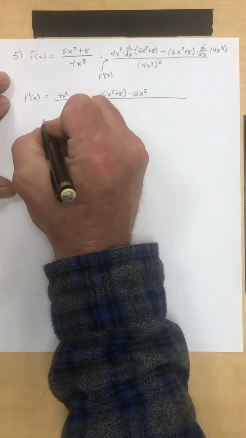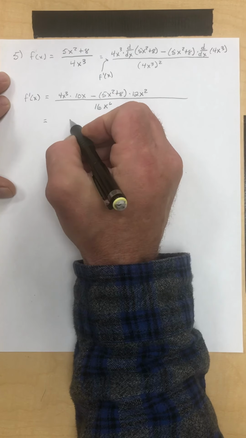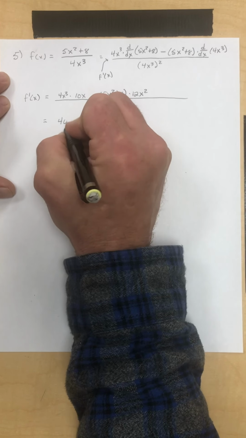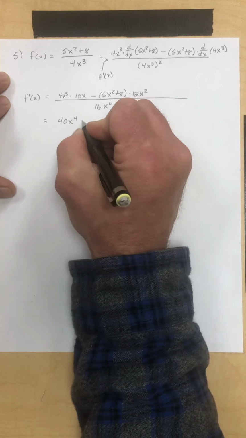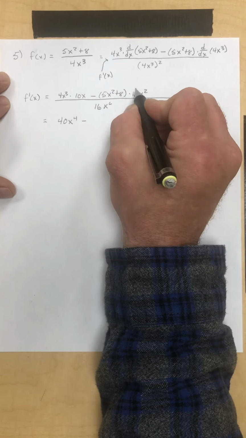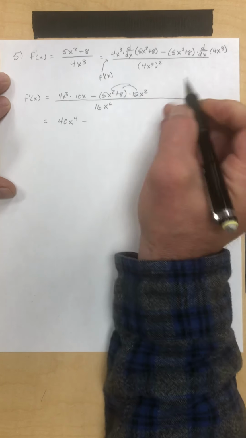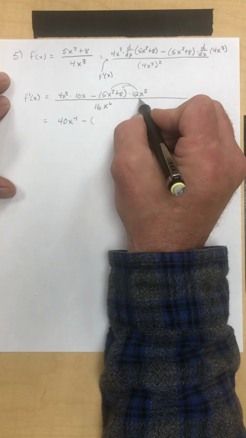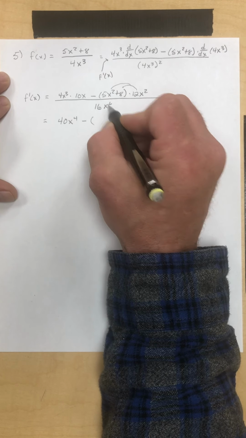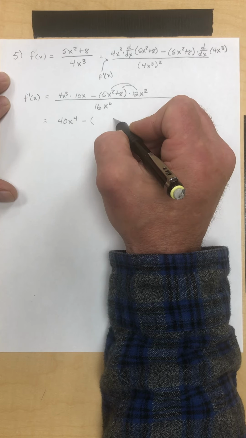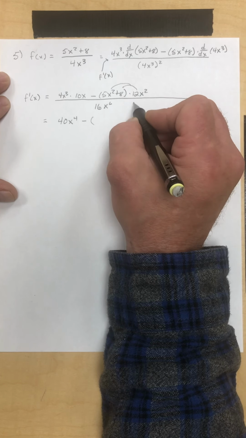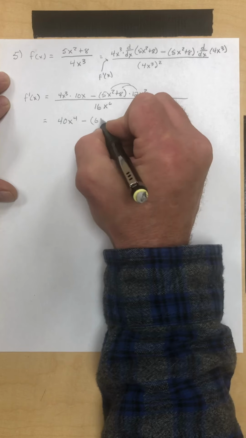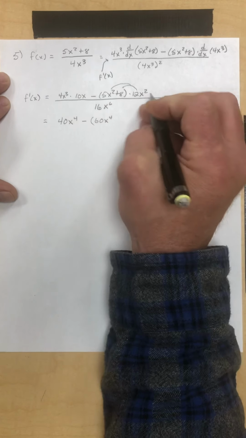All right, so this guy, I'm just going to get 40x to the 4th minus, I have to distribute this, and then afterwards I have to distribute a negative. So 12x squared times 5x squared is, what is that? 60x to the 4th.